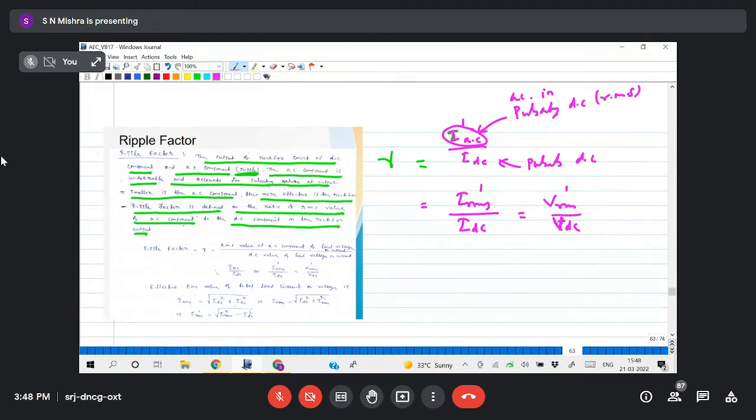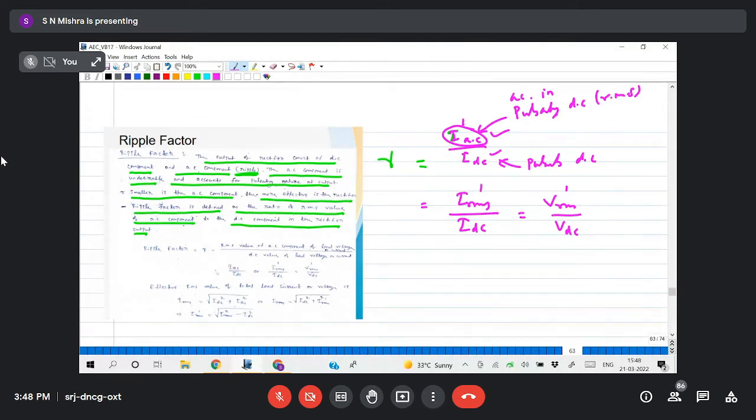Why is the name different, IRMS and IDC, IRMS dash? IRMS means the input AC, IRMS dash means the AC component present in my pulsating DC or output DC. Now gamma we will find out, that means IRMS dash divided by IDC.